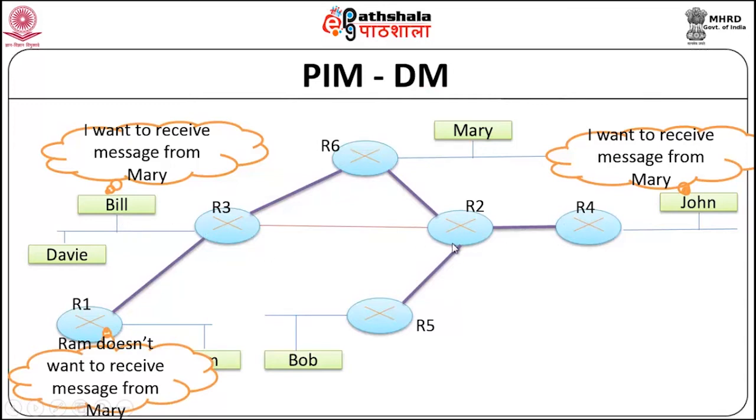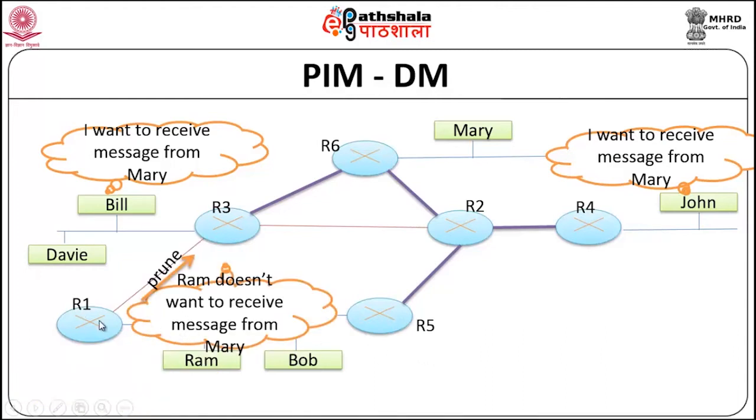Now, remember that you can see that in addition to reaching the desired receivers, it is also being sent to other routers which are actually not interested in receiving this data. Okay. So, Ram for instance does not want to receive messages from Mary. So, since R1 does not have any members who are interested in this group, it sends a prune message to R3.